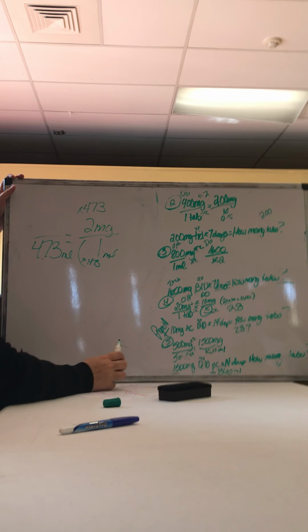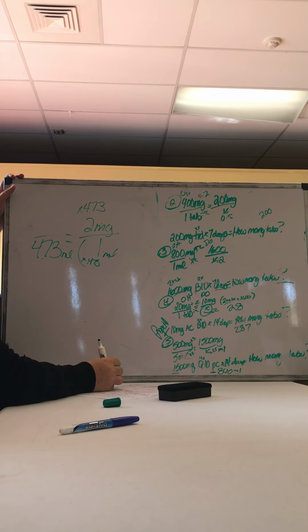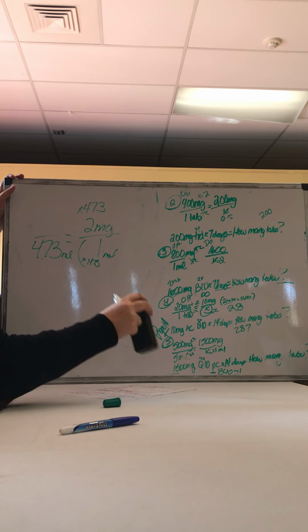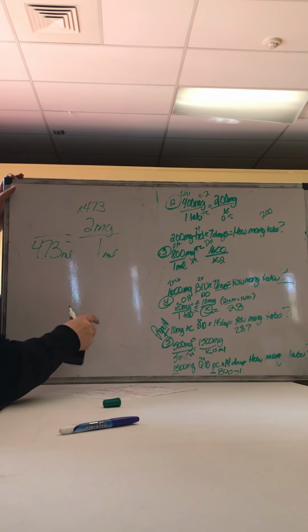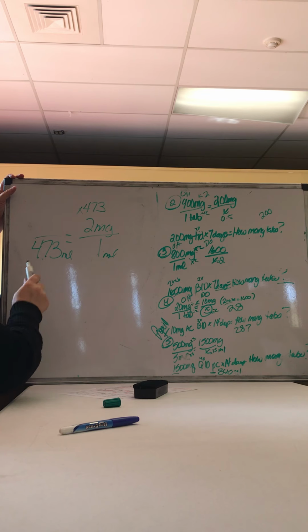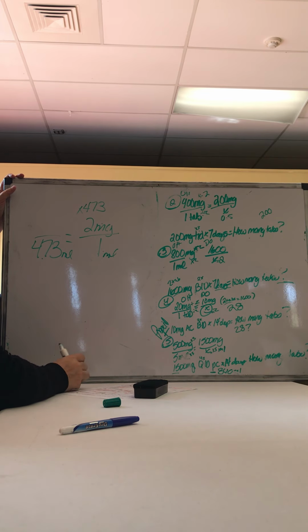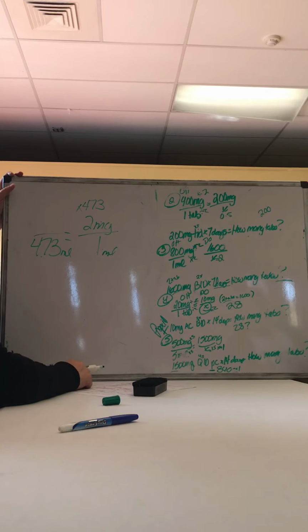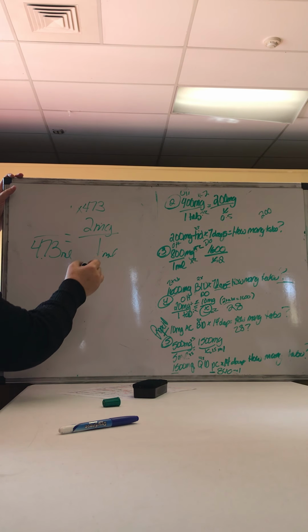What's 1 times 473? 473. Yes. So what I asked you is how do you go from 1 to 473? You just answered that. You times it by 473. Yes, that's exactly what we do.